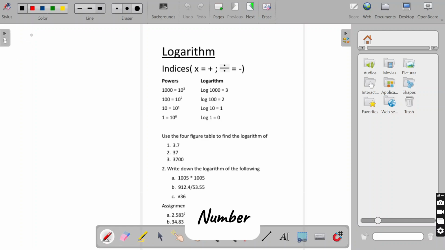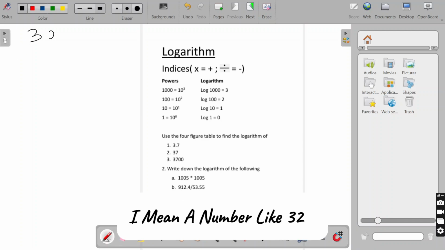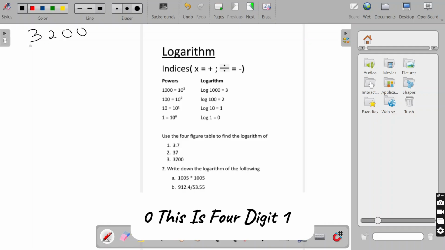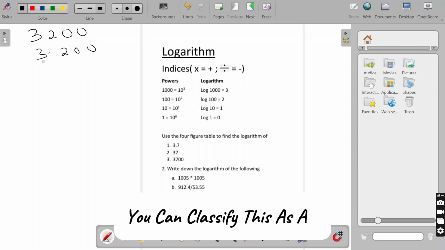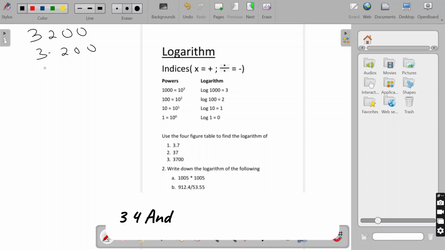By a 4-digit number, I mean a number like 3200: 1, 2, 3, 4. Then 3.200, like this, we can also classify as a 4-digit number: 1, 2, 3, 4. And then 0.002: 1, 2, 3, 4. Same. So you can see that all these are 4-digit numbers.